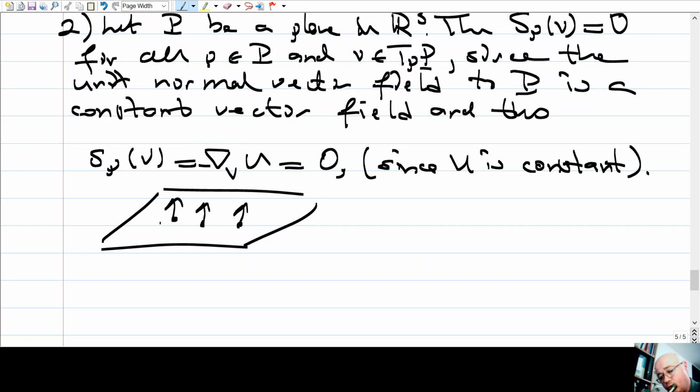So if you move on the plane from a point to another point along any vector, the normal vector doesn't change. Therefore, the derivative is 0.